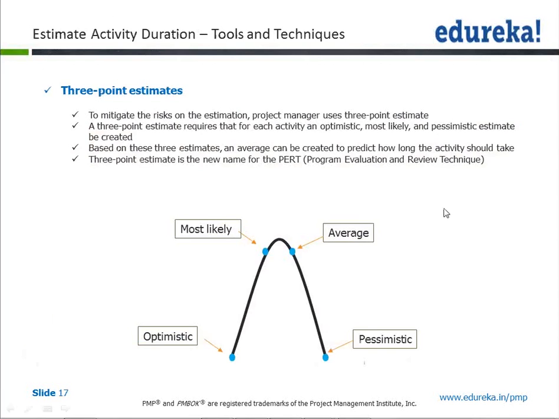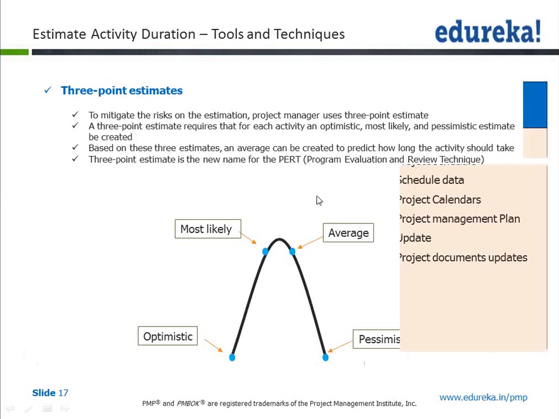So if you look at 3-point estimation, to mitigate the risk on estimation, the project manager uses 3-point estimate. A 3-point estimate requires that for each activity an optimistic, most likely and pessimistic estimate be created. Based on these 3 estimates, an average can be created to predict how long the activity should take. 3-point estimate is the new name for PERT, or Program Evaluation Review Technique.